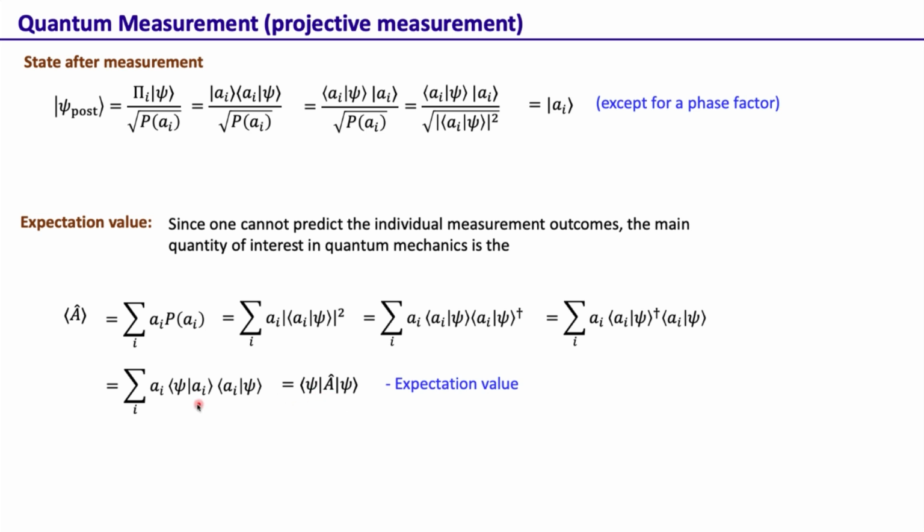Here we have just used the fact that this sum over a_i is equal to 1 and that is actually the operator A. So the expectation value of any operator A is basically psi A psi, this quantity. But experimentally, when we calculate this quantity, this involves a large number of measurements, but that's how we theoretically write it.